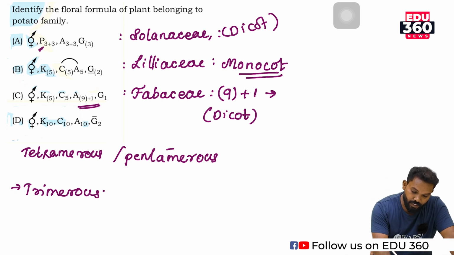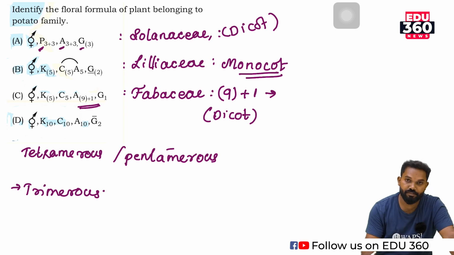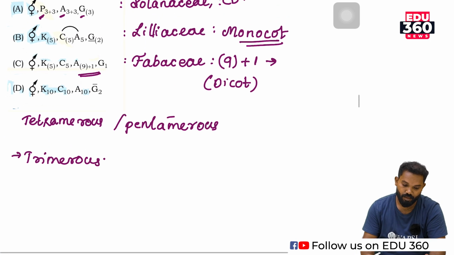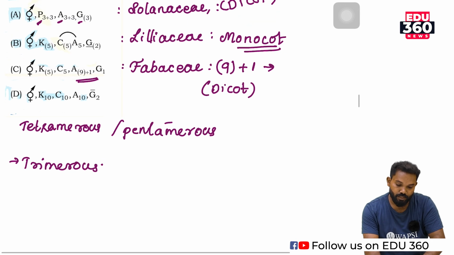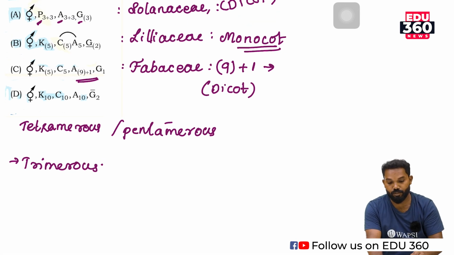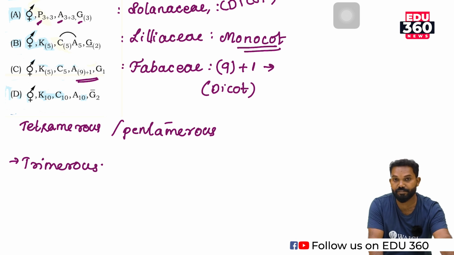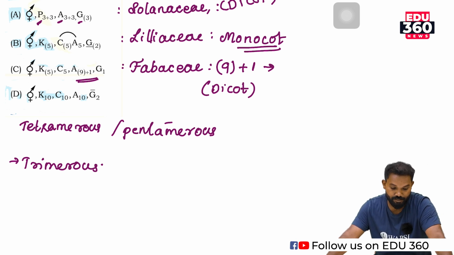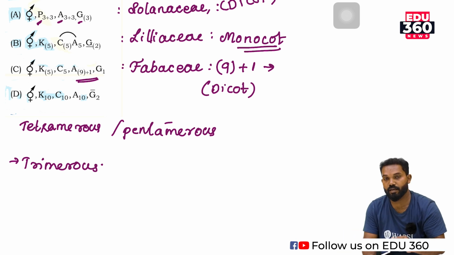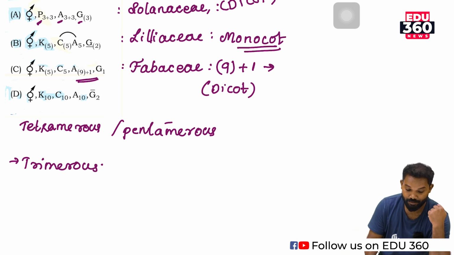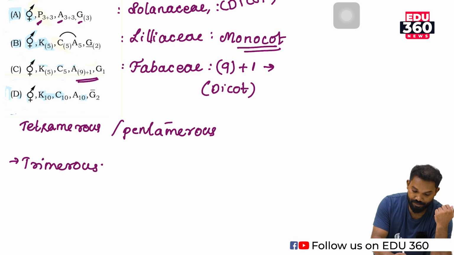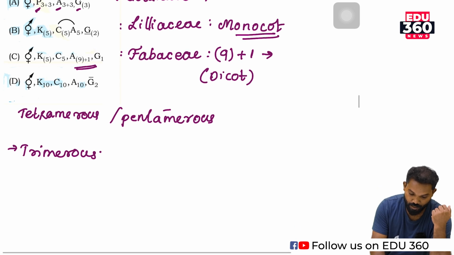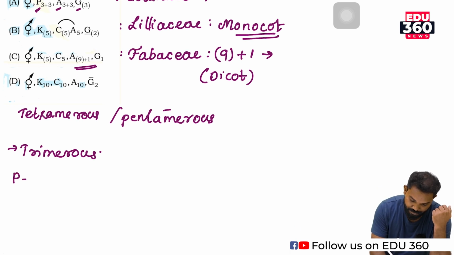And here there are some letters. For the preparation of a floral formula, we use some symbols and letters that carry definite meaning. In the floral formula, P represents perianth.